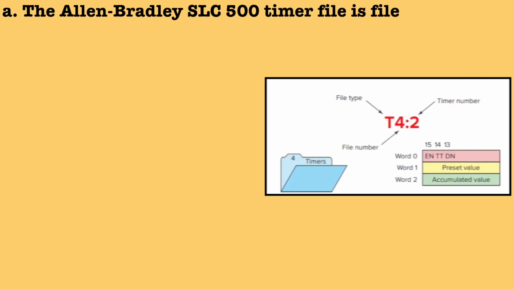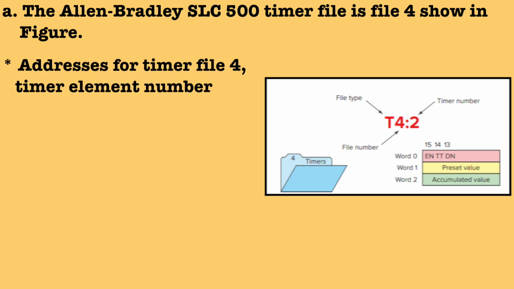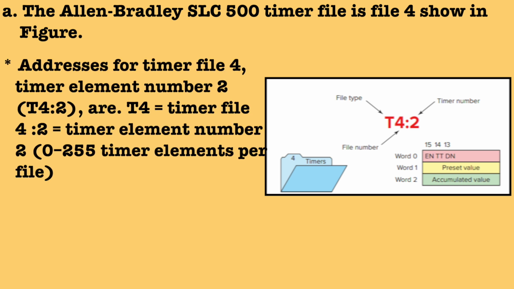Next we can see the Allen Bradley SLC 500 timer file, shown in the figure, represented by T4:2, where T4 represents the timer file and 2 represents the timer element number, where the number ranges from 0 to 255 timer elements per file.